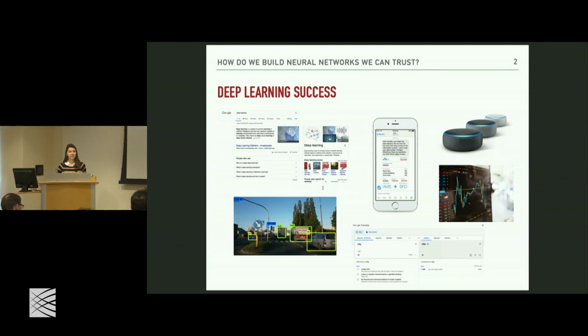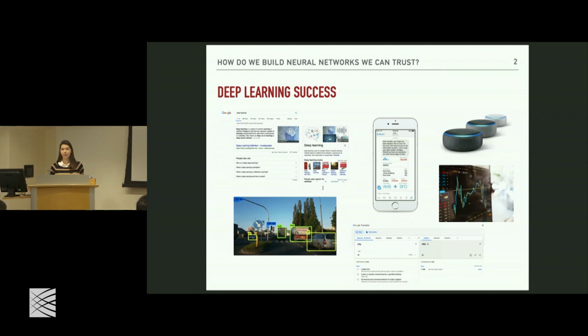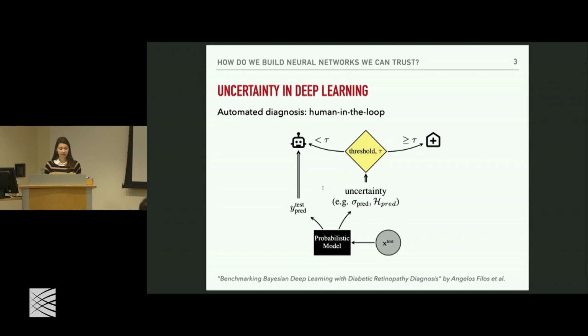However, it is still dangerous to apply deep learning as a black box method for critical applications, where we care not only about accuracy and performance, but also about representing uncertainty. In particular, let's consider the problem of automated diagnosis. So we not only expect the model to perform well, but also faithfully represent the uncertainty in its predictions.